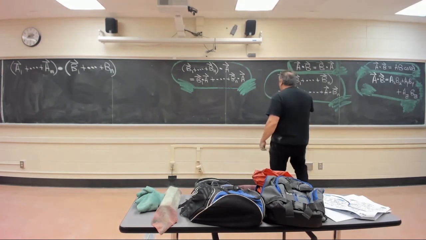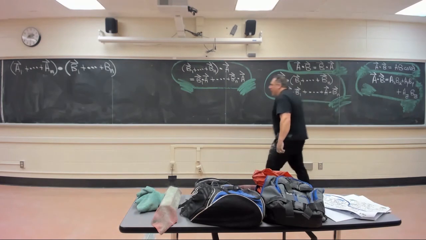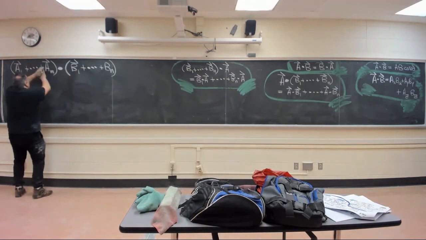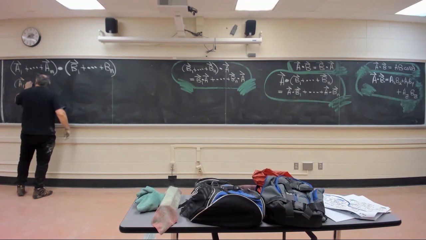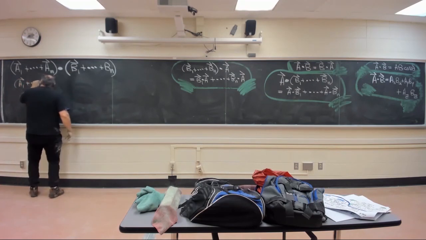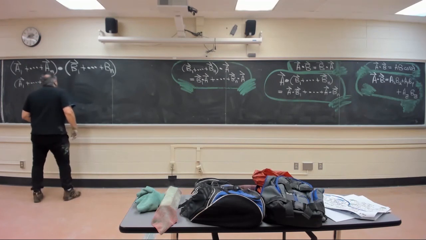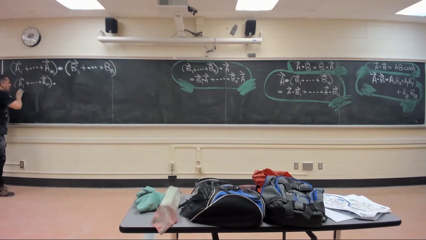I'm going to call this guy one vector by itself, and it's going to distribute throughout and get all those. This is one big vector, ladies and gentlemen. Call it one big vector. This is like a new vector A. This guy, A1 vector plus dot, dot, dot, plus A sub m vector.